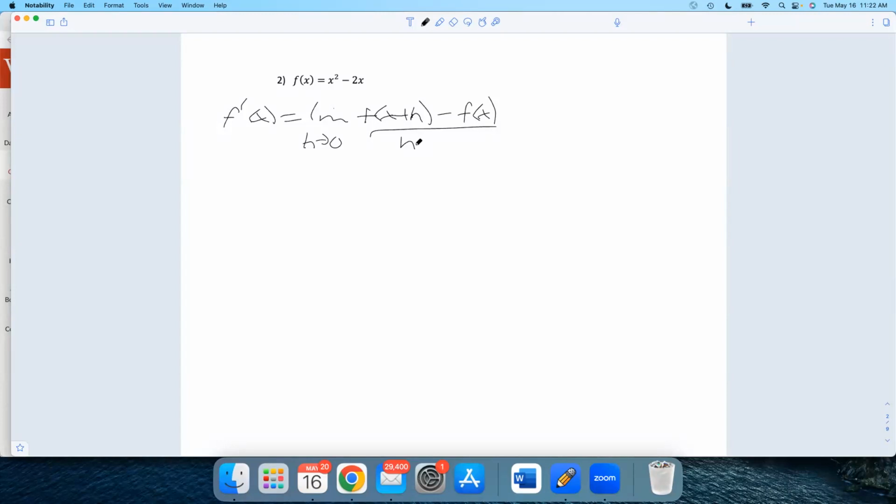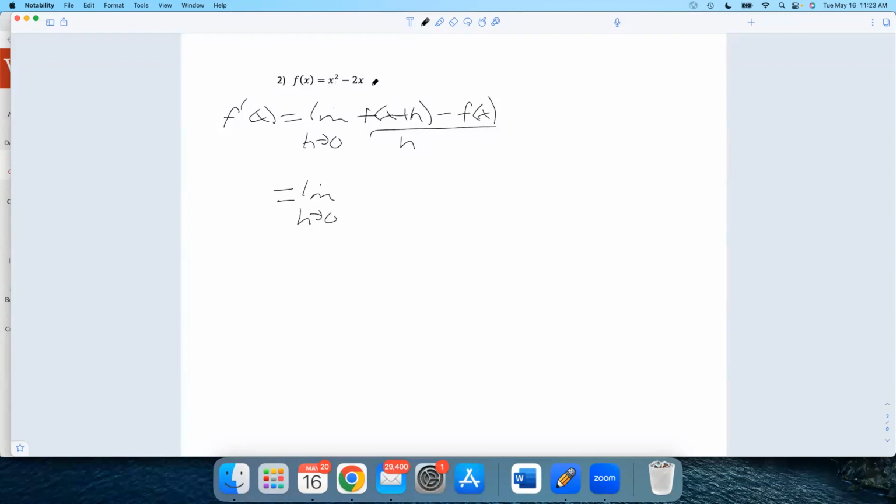This is the proper way to write this up. Everything you see me writing is required. You have to start with this. This is what we're finding. It's required that you write this down. It's required that you write limit as h goes to 0 at every step until you take the limit and so forth. Everything you see me writing is here for a reason, and to get full credit, you got to write that yourself.